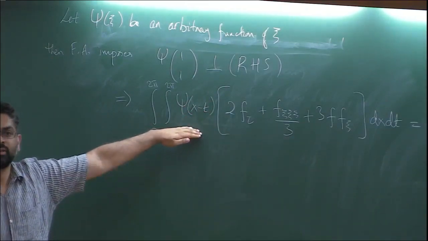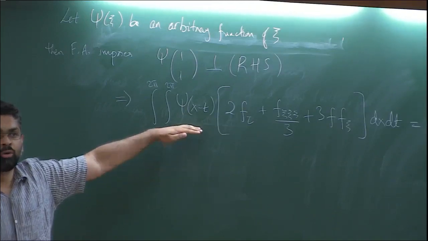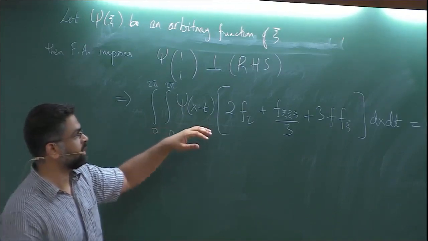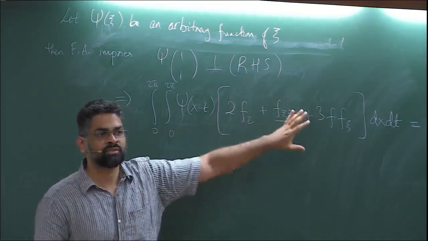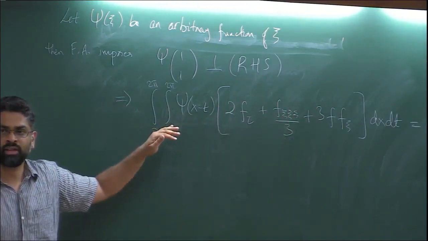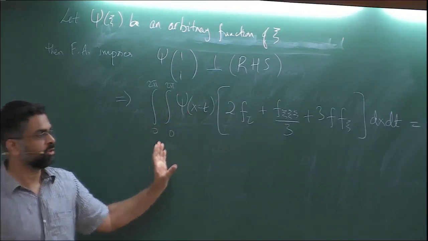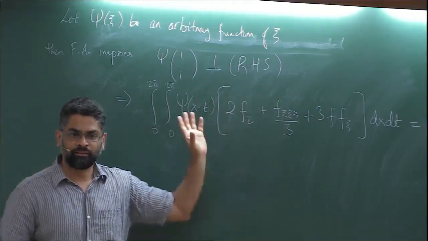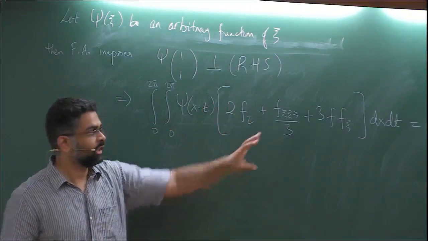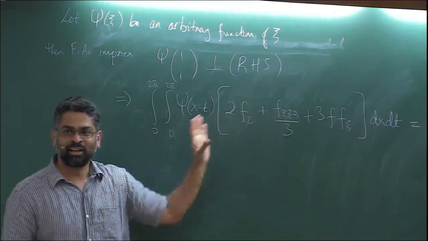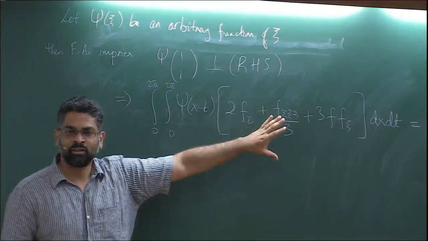The function psi is completely arbitrary. So you can always choose it such that, suppose this function is positive somewhere, choose psi to be positive there. Suppose this function is negative somewhere, choose psi to be negative there. So you can rig it so that if this thing changes in sign, I can always make the left-hand side non-zero.